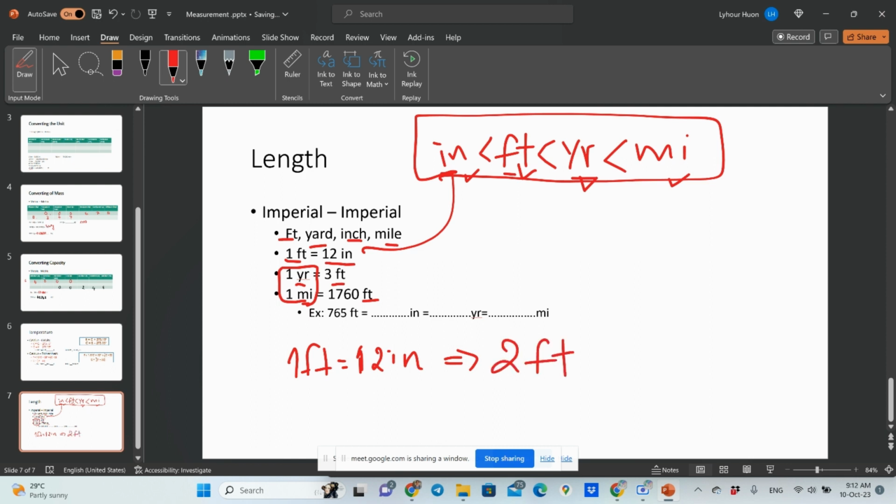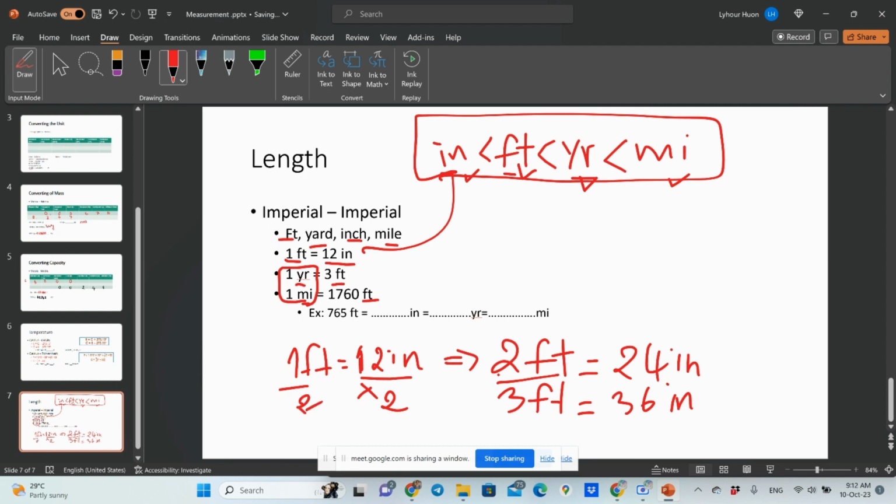When it's plural, we say feet. 24 inches. How about 3 feet? 36 inches, correct. But how can you figure this out? We just keep multiplying by 12. 1 foot is 12 inches; for 2 feet, we multiply 12 by 2, and we get 24 inches.